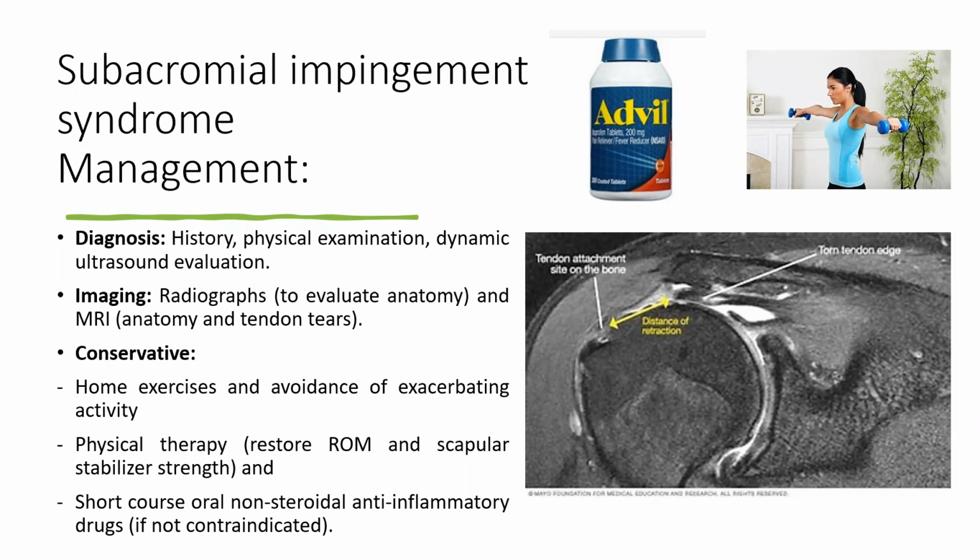Imaging modalities that we can use include radiographs, including the true anteroposterior view, 30-degree caudal tilt view, and supraspinatus outlet view or scapular Y view to evaluate the anatomy. And MRI can help confirm the anatomical variations and evaluate for tendon and labral injury. On the right, you can see a picture of a retracted supraspinatus tendon.